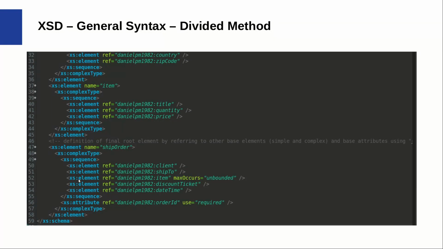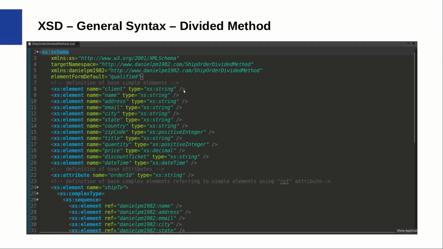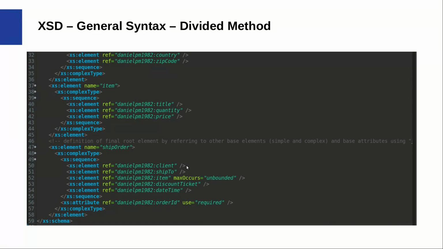And finally, at the future root element, which is the ship order, we also refer to previously declared elements, but in this case to the complex ones as well as any other simple elements you want to refer to. For example, client is a simple element declared globally that we refer to at the ship order future root element, but also shape2, which is a complex element with a lot of other simple elements nested inside it.